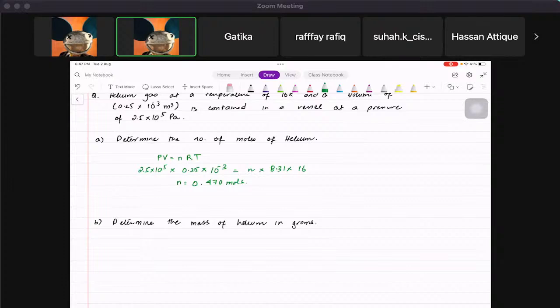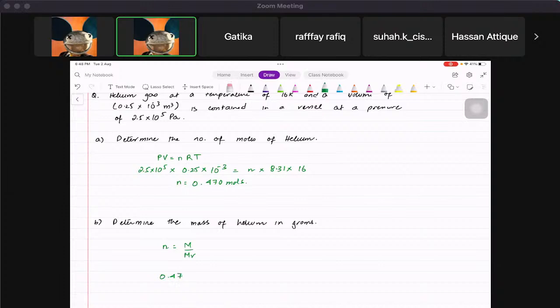Okay. Now, the next thing you're gonna do is you need to find the mass of helium in grams. Can we do it from some equation? You guys know? N equal to m upon M. Yeah. So we're going to use the mole equation, which is m over M. So n is, we do have n, 0.470.